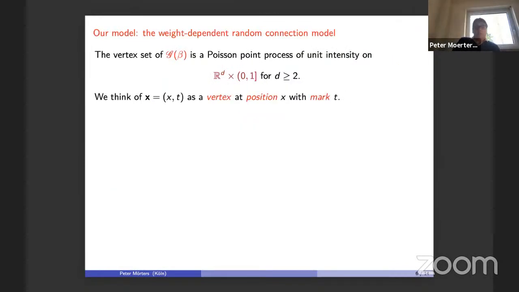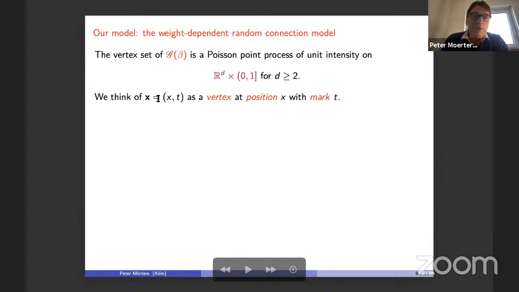So here is the framework. We call this the weight-dependent random connection model. The vertex set is a Poisson point process of unit intensity on R^d. Additionally, every Poisson point has a uniformly distributed mark on the unit interval (0,1).